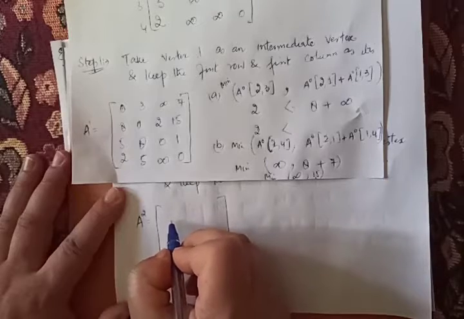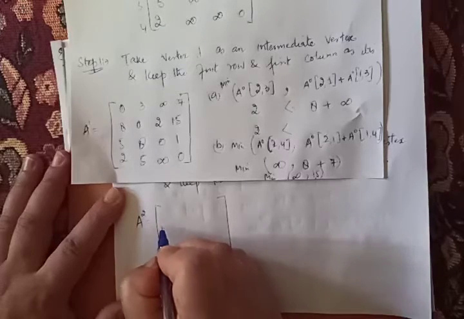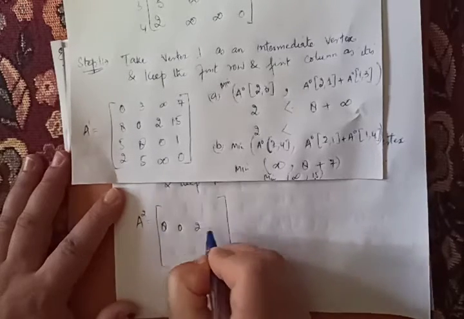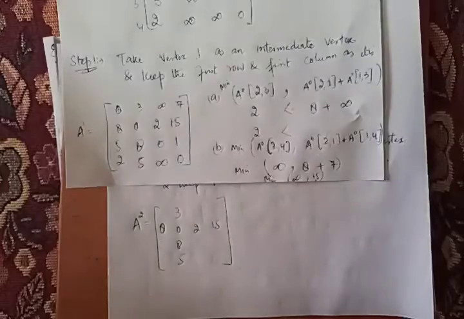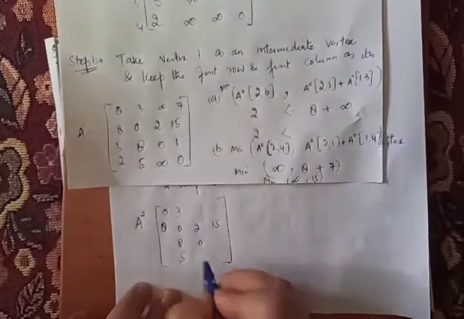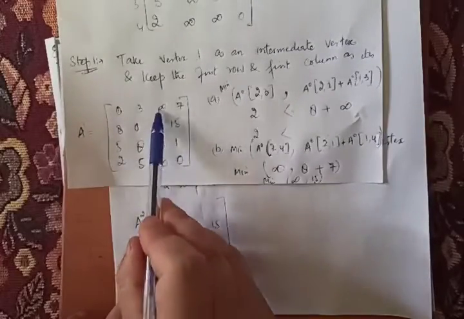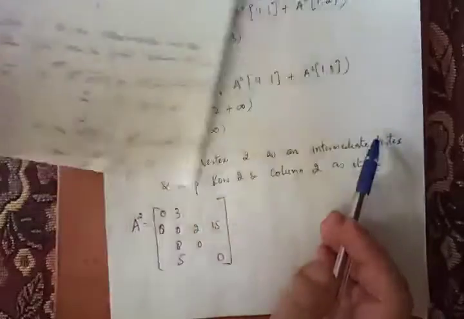What we have to keep is the second row, that means 8 0 2 15, and the second column, that means 3 8 5, as it is. Now diagonal elements will not change, so we can put them like this. So we have to change the rest of the elements.